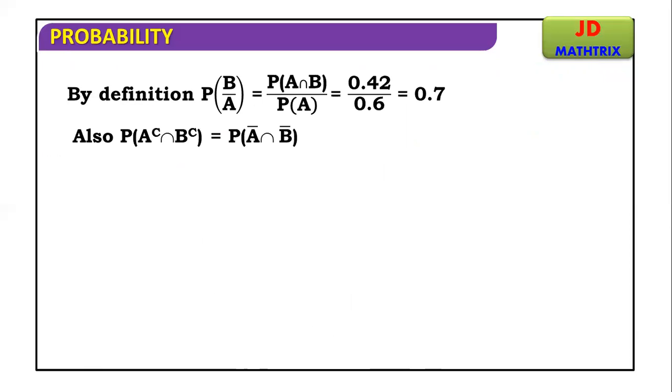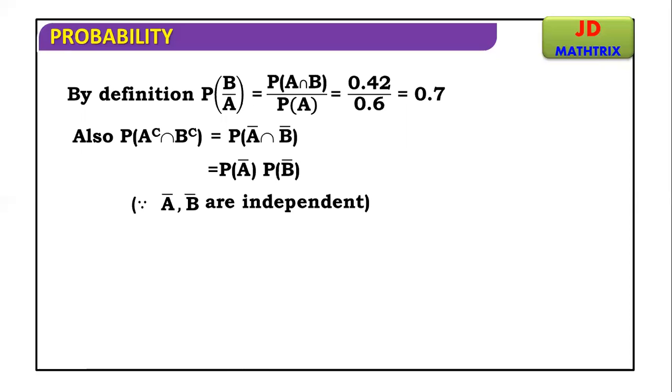Also, P of A bar intersection B bar is nothing but P of A bar into P of B bar. Again, P of A bar can be written as 1 minus P of A, into 1 minus P of B. Because A, B are independent, A bar, B bar are also independent.